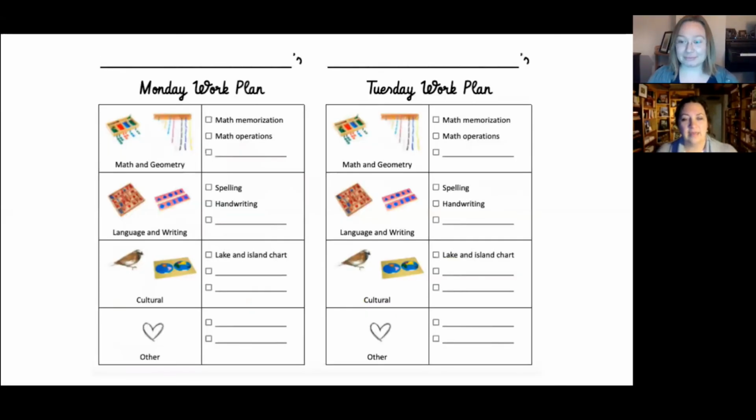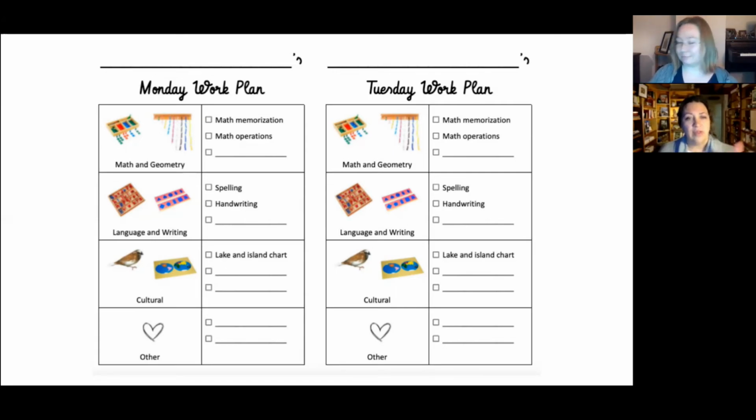A slightly more abstract or sophisticated version of that would be something like this, where this piece of paper could be cut in half so that they're only looking at one day at a time. They can make a little booklet with it, and I've gone ahead and pre-typed in some of the things that are required daily, or follow-up items that they should be thinking about every day.